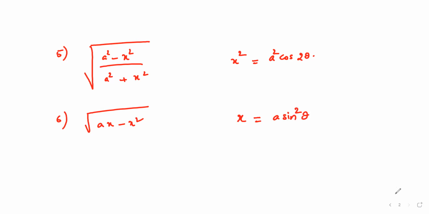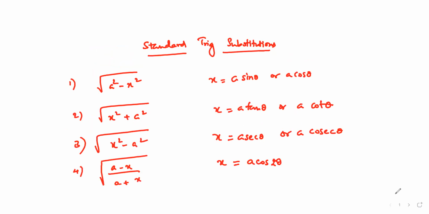These are some standard substitutions. If you can remember them, it will be easier to solve your questions. Mainly the first four are enough. These four are important. The next two are just extra information.